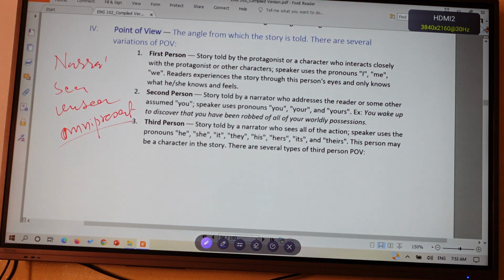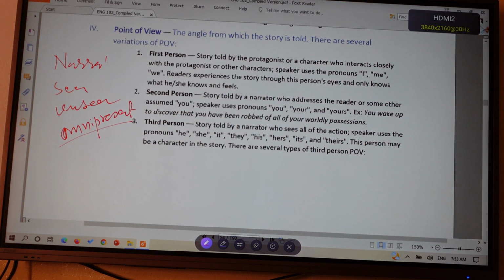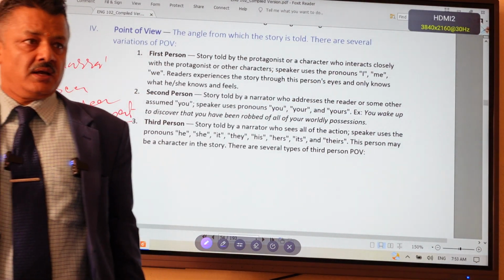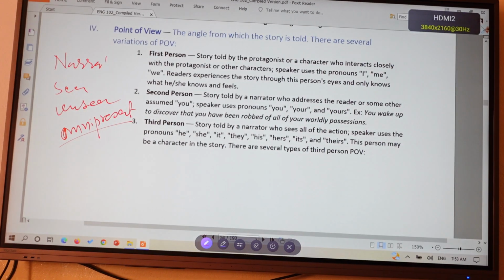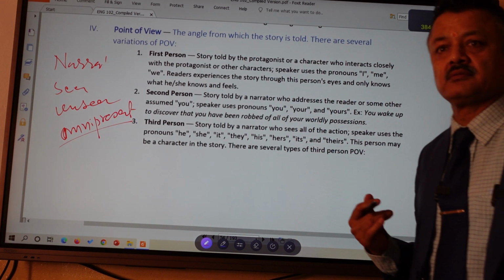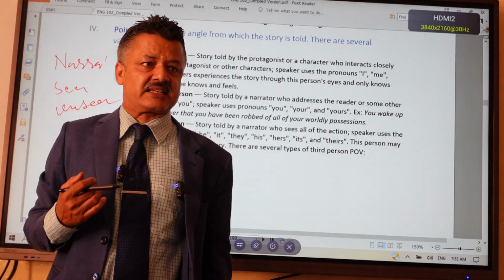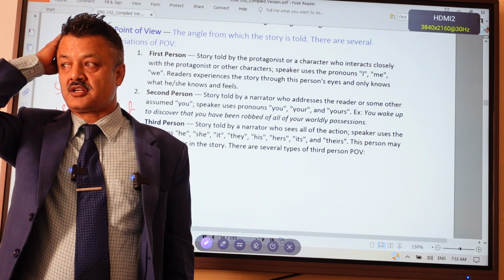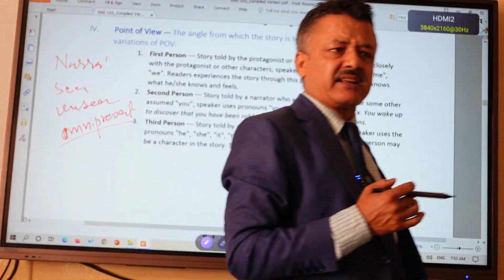You read a story and you don't exactly know who is telling you the story. And you see that the story says a lot of things about every character. That means the narrator is present everywhere like a god. The narrator can see everything, anybody. They can enter anyone's mind. Normally, third person narrations are like that.